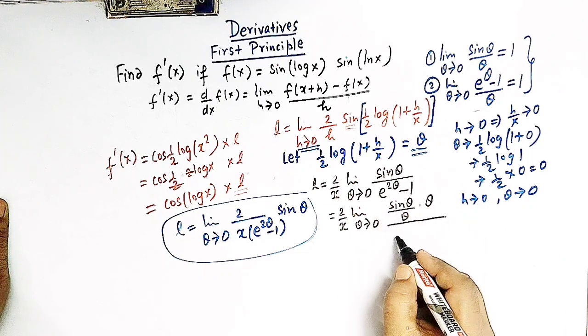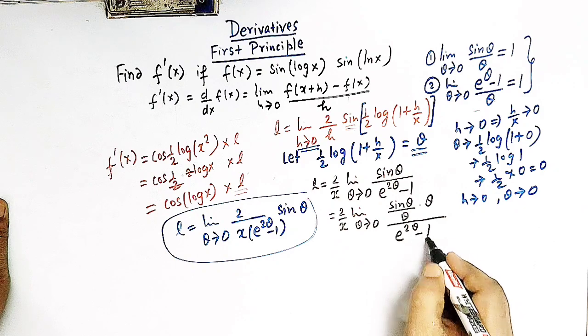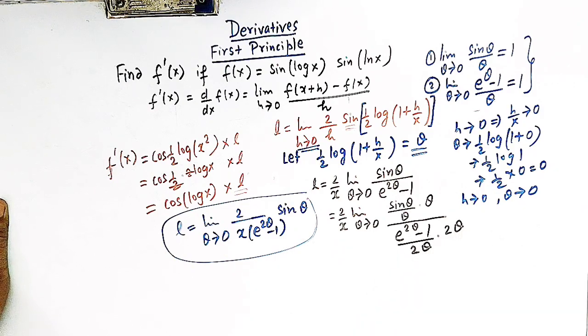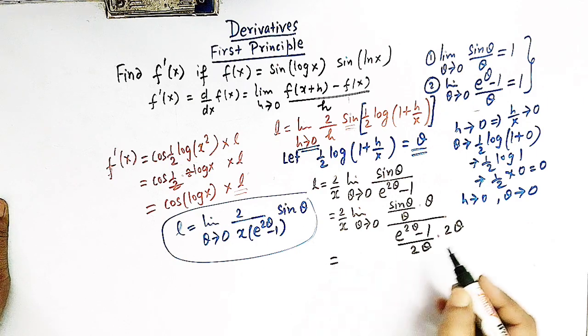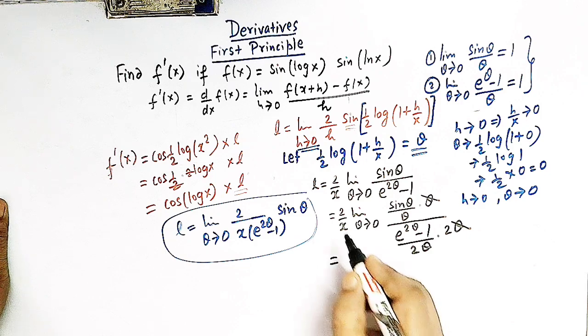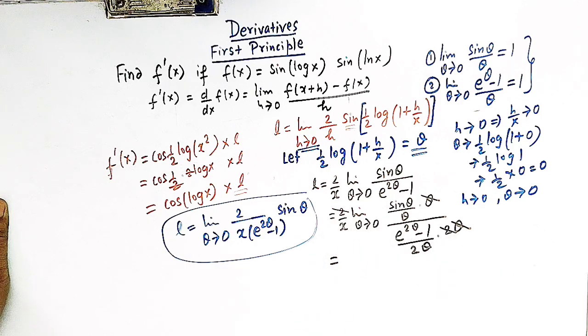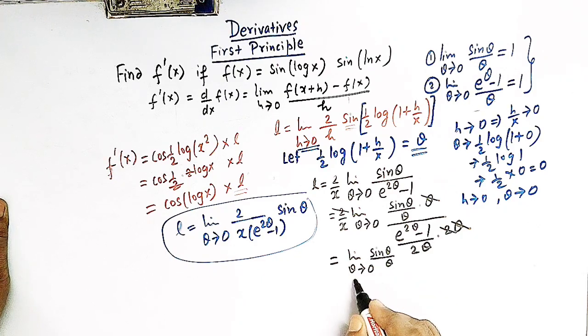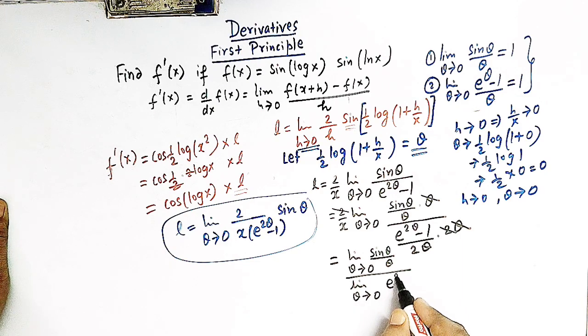And then we have e raised to 2 theta minus 1 over 2 theta, and then here also we can write 2 theta, right? So now this theta and this theta get cancelled, this 2 and this 2 get cancelled, and we have limit theta tends to 0, sine theta over theta divided by limit theta tends to 0, e raised to 2 theta minus 1 over 2 theta, right?